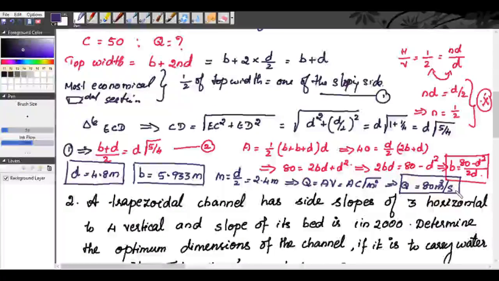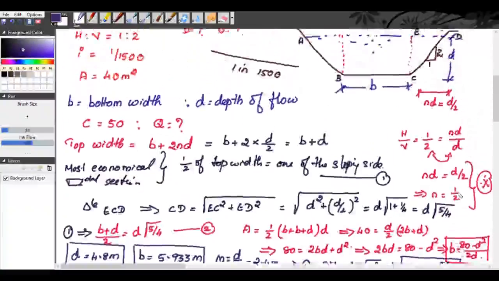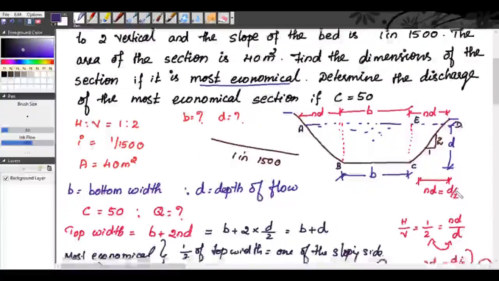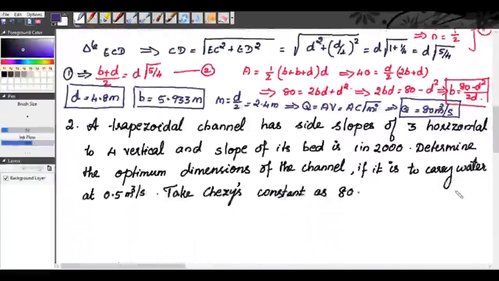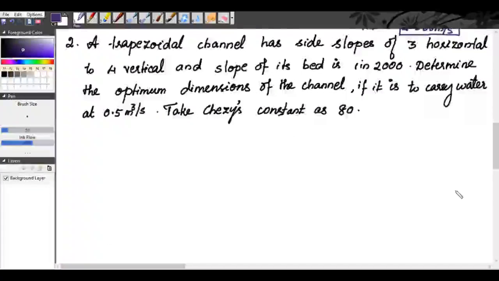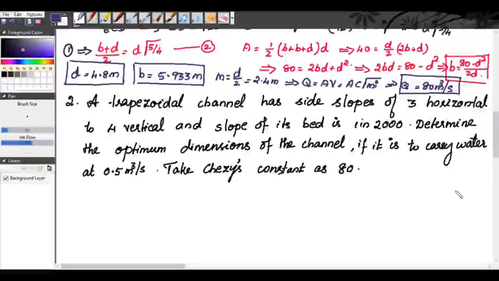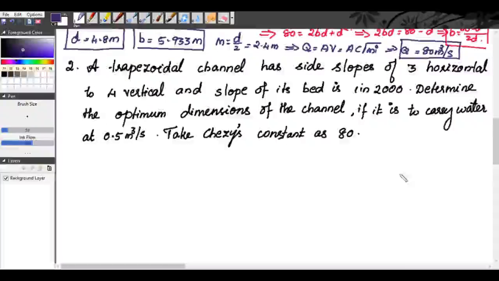Okay. So now we will move on to our second problem. So our second problem is: a trapezoidal channel has side slopes of 3 horizontal to 4 vertical. So we will draw the trapezoidal channel.